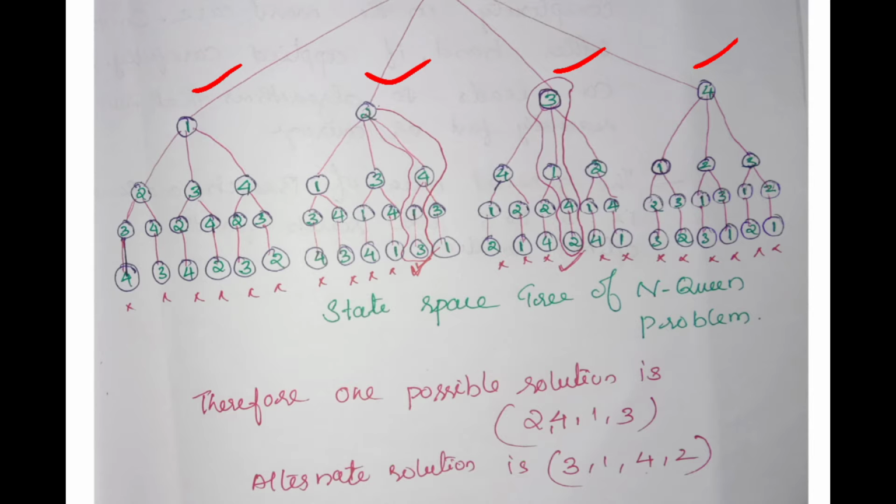Then how many queens remain? Second, third, and fourth. Maybe the second queen can be placed in the second row, in the first, third, or fourth column. Just by imagination, we can place the queen in a particular position.